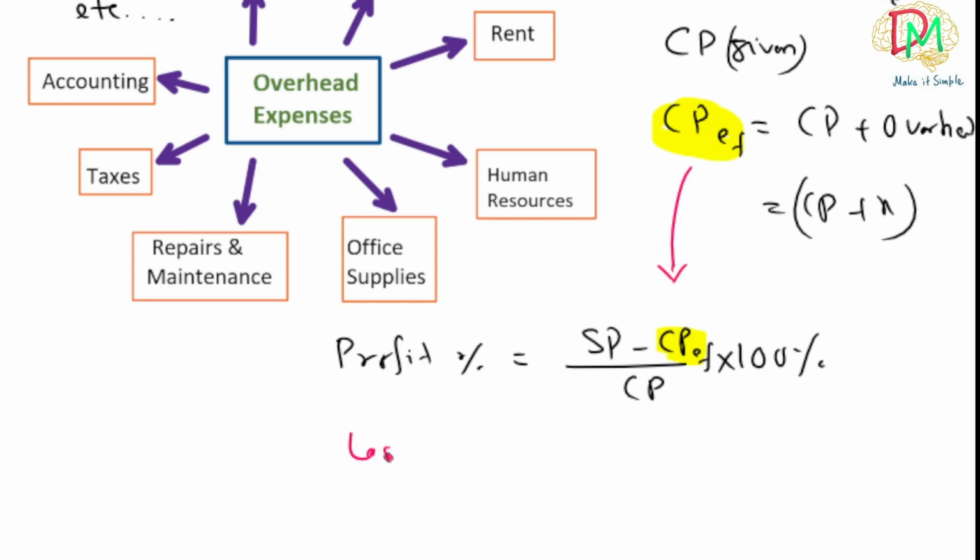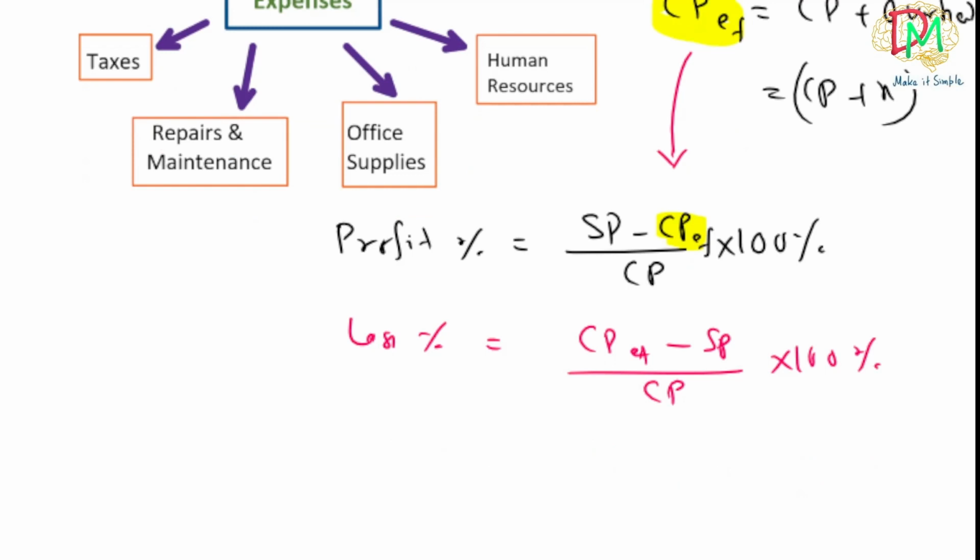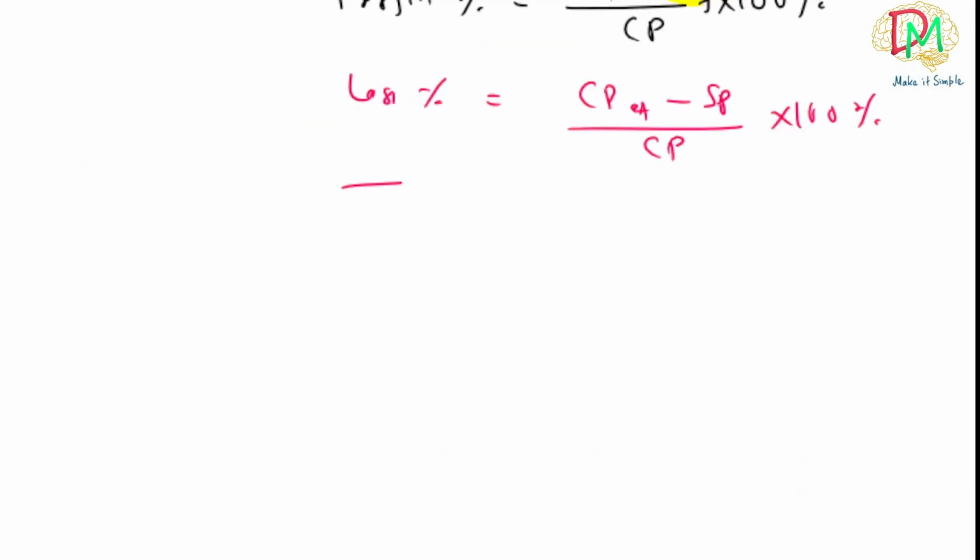Similarly, loss percentage is equal to effective CP minus SP by CP into 100%. As simple as that. Clear?